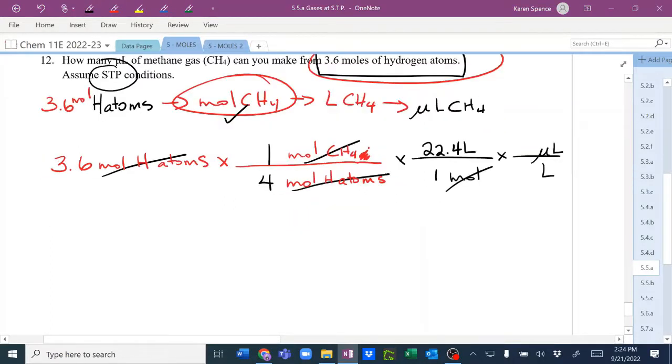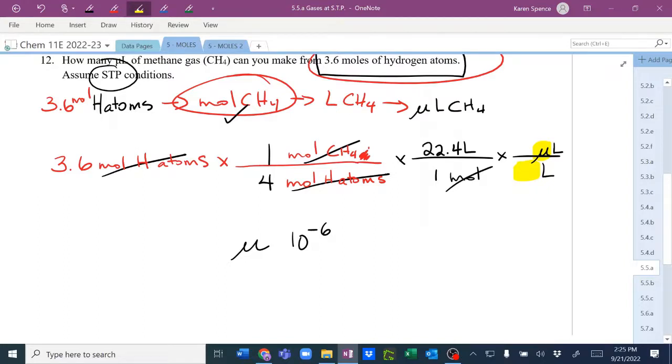Now remember, what did we say about micro? Micro is 10 to the -6. If you are using those prefixes and you're not just using your knowledge of, like, oh yeah, I know that there's 10 to the 6 microliters in a liter, that's fine.